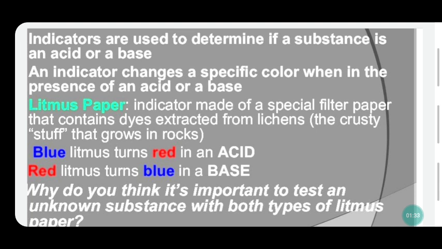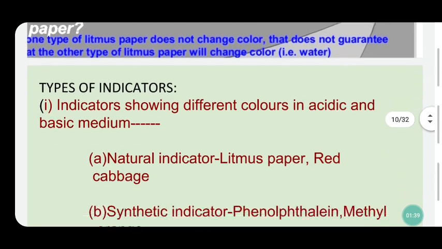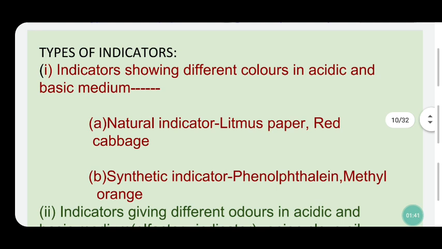Bases turn red litmus paper blue. Indicators show different colors in acidic and basic medium. Natural indicators: litmus paper, red cabbage.